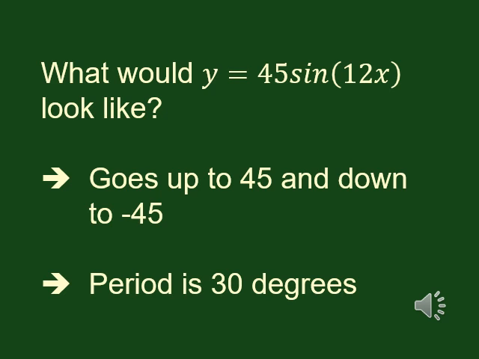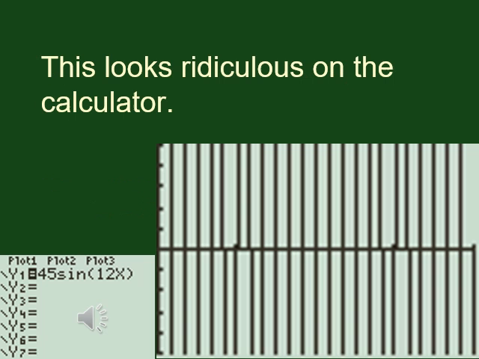If I wanted to graph this by hand, what I would probably do is just make a basic sine graph, label the top and bottom 45 and -45, label the end of it 30, and call it a day. On a calculator, this honestly looks pretty ridiculous because it's trying to put too much in too little of a space. And not only is it hard to see 12 copies of a sine graph there, but they all get cut off way before they reach the top, so you can't even really see what's going on.